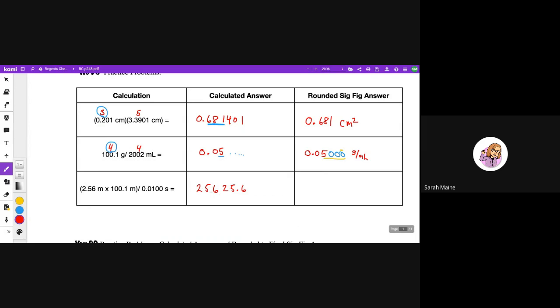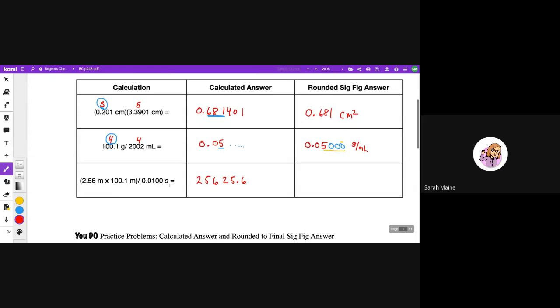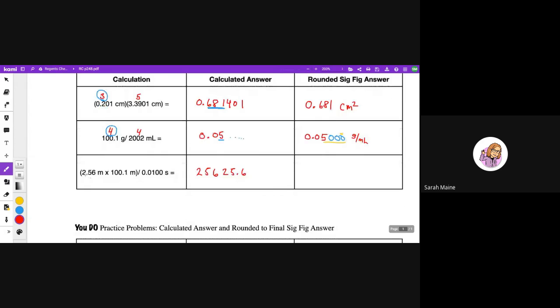So if I read this, it's 25,625.6. How many sig figs are we allowed to keep? So we have to go back and look at the measurements. 2.56 has 3 sig figs. 100.1 has 4. And now I have to look at this number.